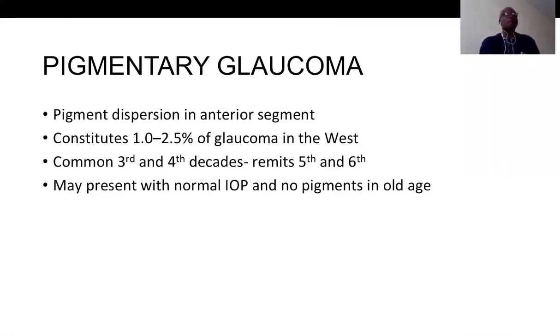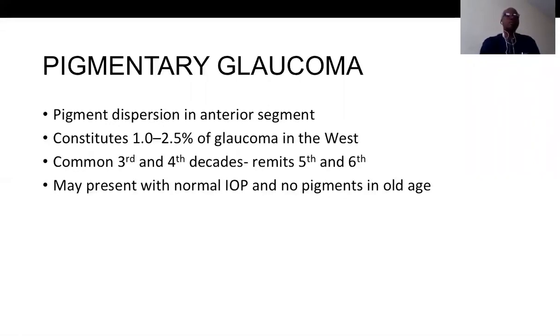And some of them may actually be observed to be non-progressive. So they tend to be seen as if they are normal tension glaucoma, but then they will be non-progressive because pigment has been cleared and the trabeculum has also recovered. These are actually a very small subset of pigmentary glaucoma patients.